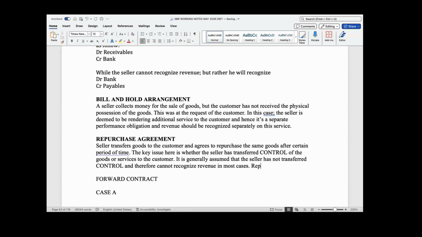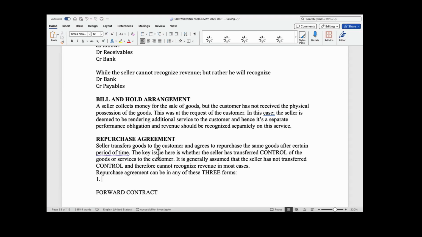So repurchase agreements can be in any of these three forms. Number one, the seller has an obligation to purchase.